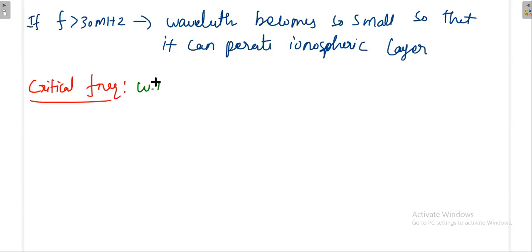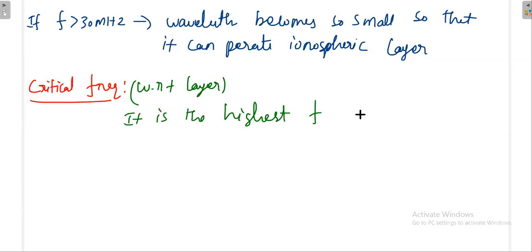This is with respect to the layer. So what is critical frequency? It is the highest frequency reflected by a layer with normal incidence.